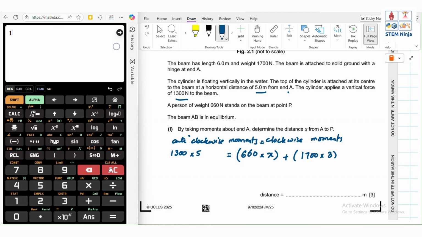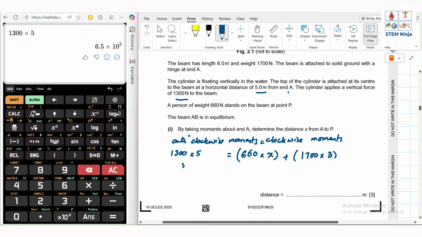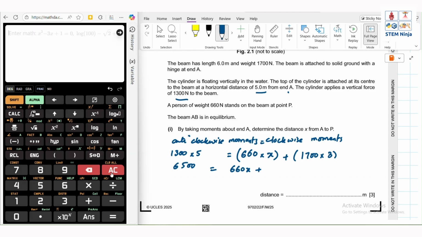Right, so 1300 times 5 is 6500. That equals 660x plus 1700 times 3, which is 5100.